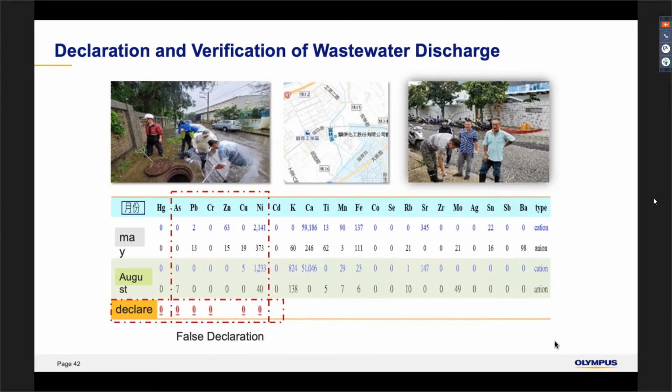For example, Cr2O7 is -2 charged, so it will not be absorbed by cation resin. Instead, it will be absorbed by anion resin. So we need two different types of resin to ensure all the dissolved components can be captured in a resin.